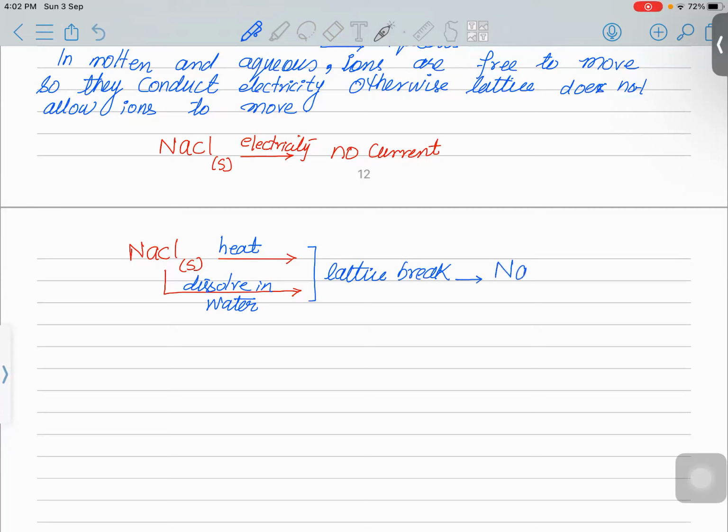Now you have free ions. Mobile ions. Now they can move towards cathode and anode.